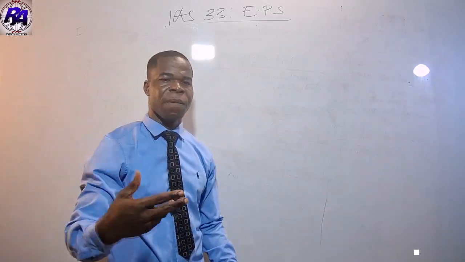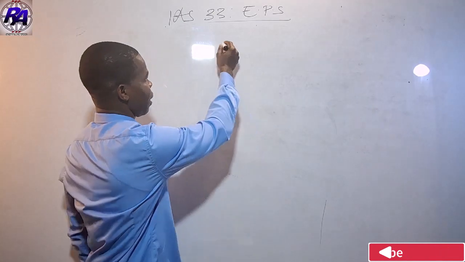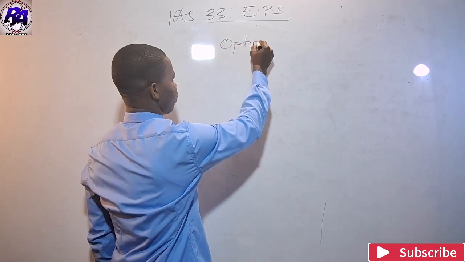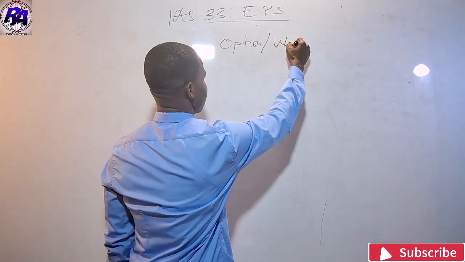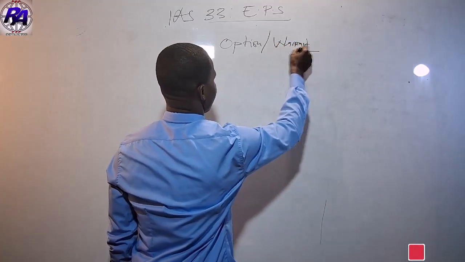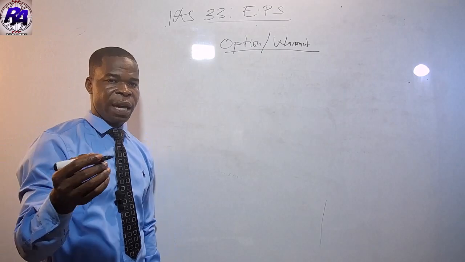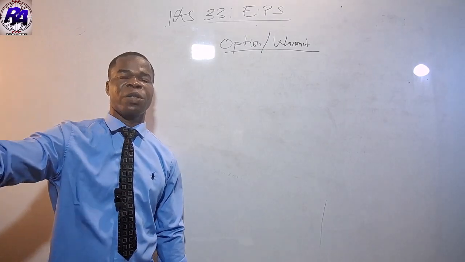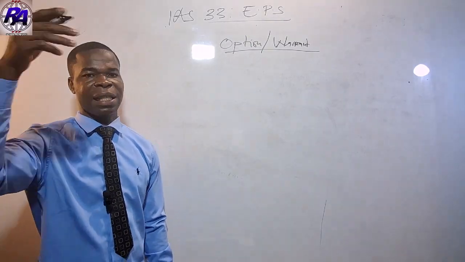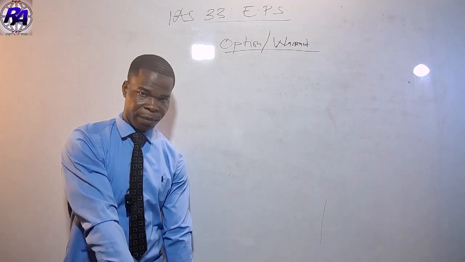Now, anytime an entity undertakes an option or a warrant contract, like I stated earlier on, it gives the holder the right to acquire a certain number of shares in the future at a predetermined price today.